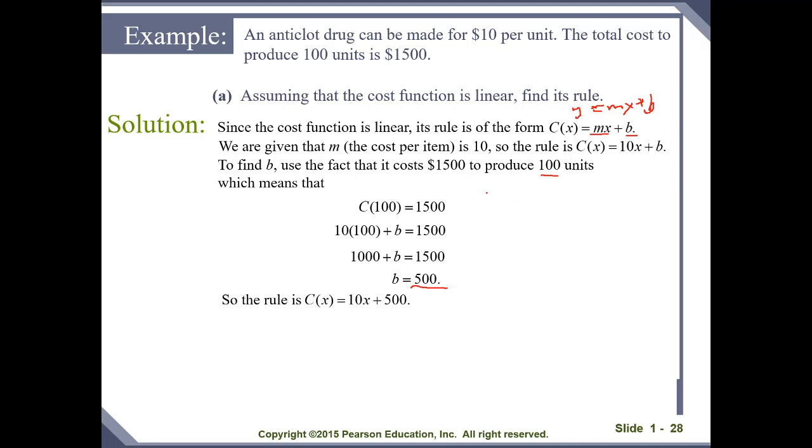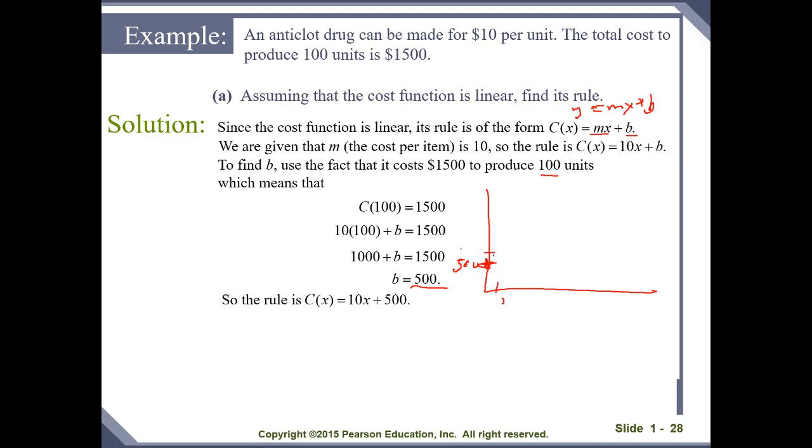If we were going to graph this, we would start when x is 0, we would start at wherever 500 is in our graph. So if this is 500, this would be our first point on the graph. And then our slope is 10, so that means for every 1 over we would go 10 up.